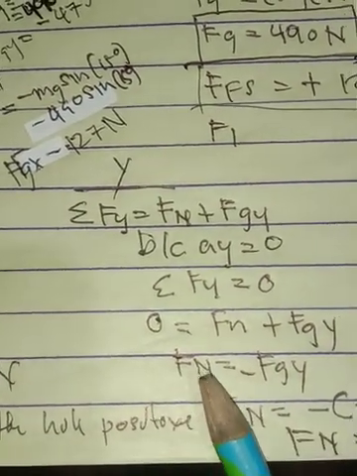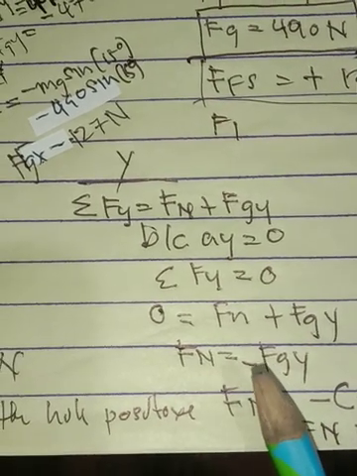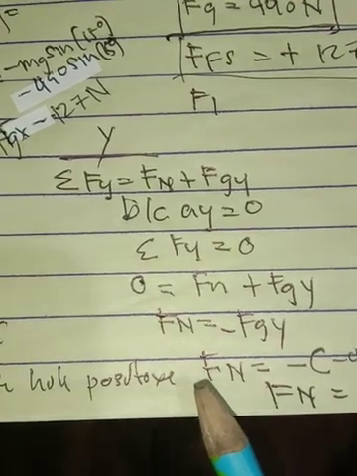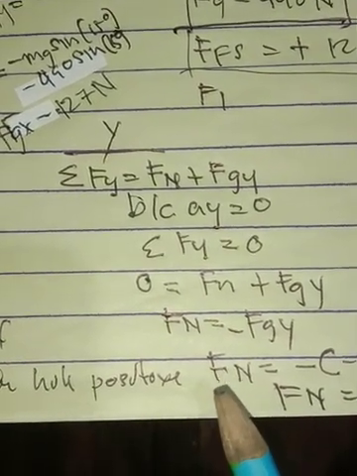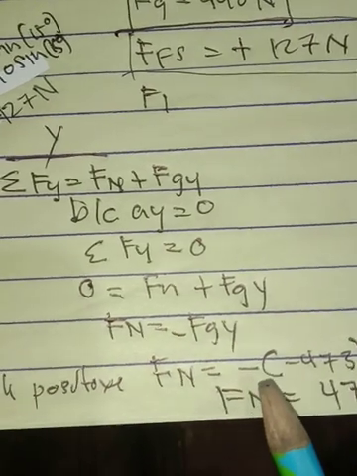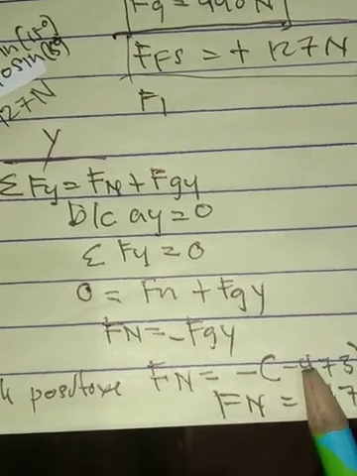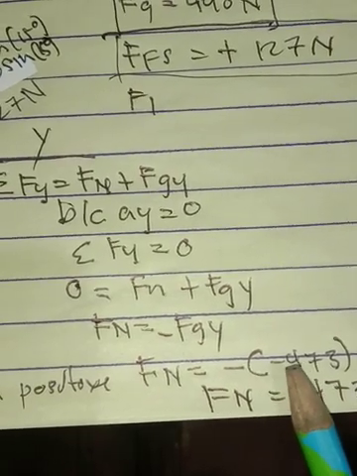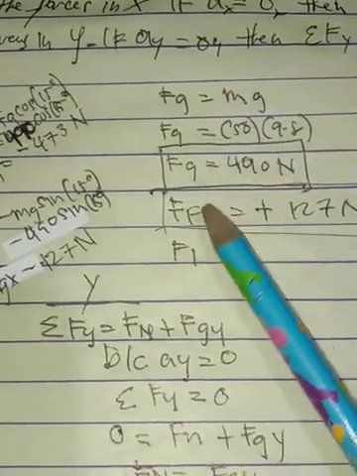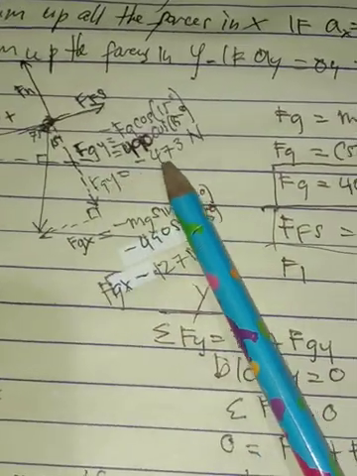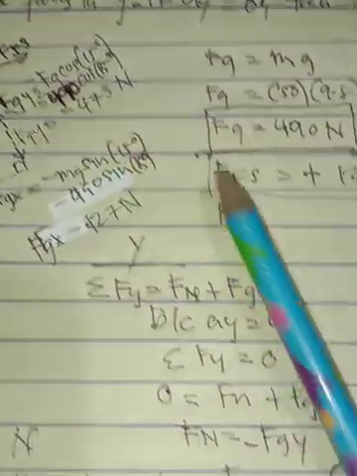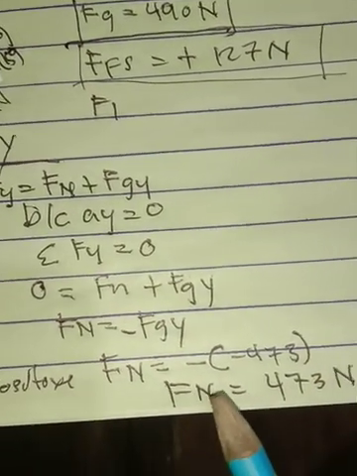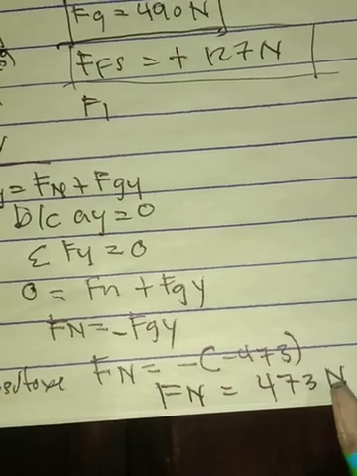So force normal equals negative force gravity y. Since Fgy equals negative 473 Newton, the result is positive 473 Newton.